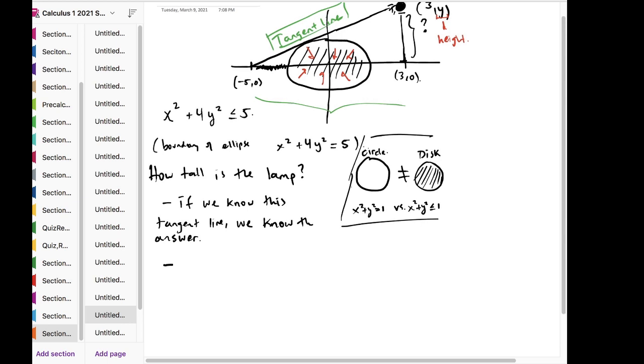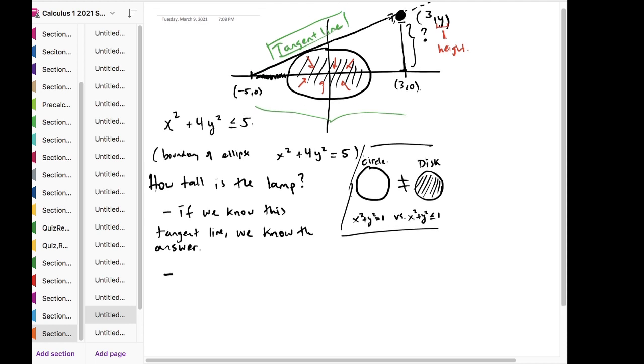What pieces of information do we need for the tangent line? Yeah, we need the derivative of the ellipse.